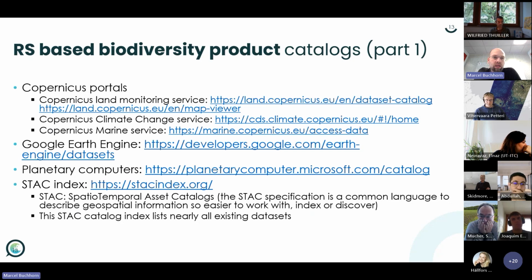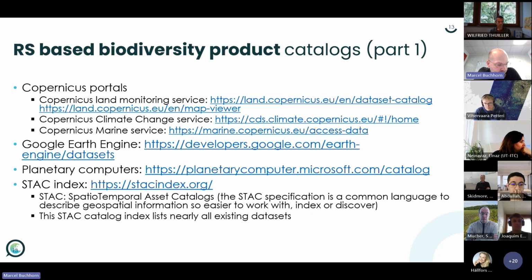They are also split into land monitoring service, climate change, and marine service, for example. But as Andrew already noted in one of his last slides, the Copernicus Global Land Monitoring Service is one of the biggest data providers on European and global scale for biodiversity products.